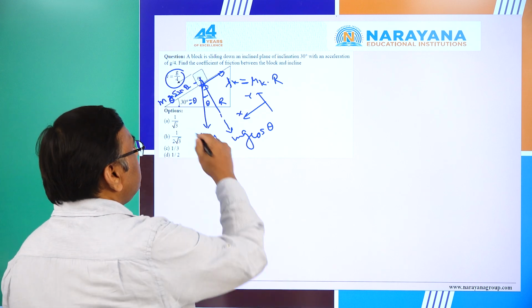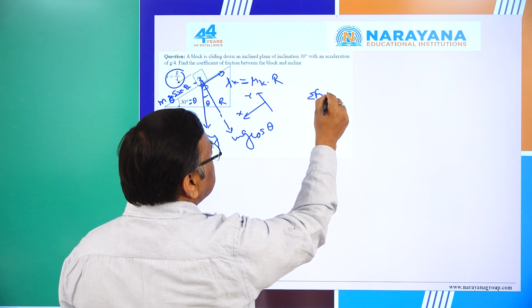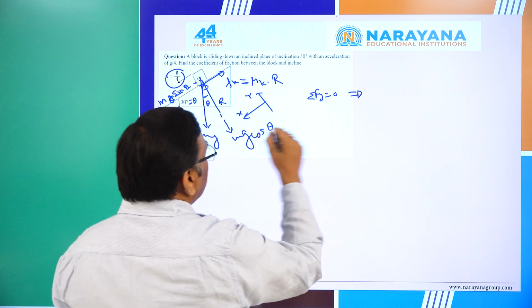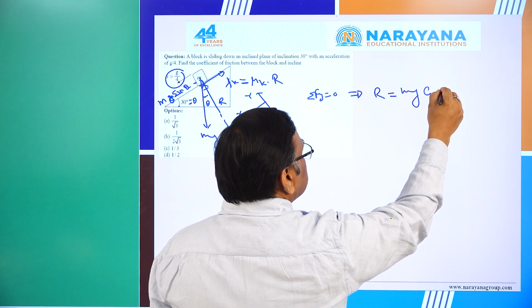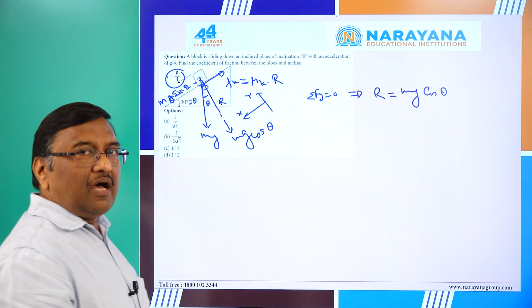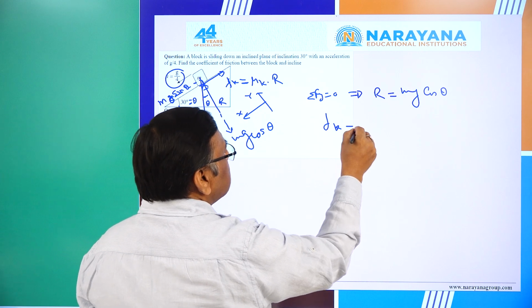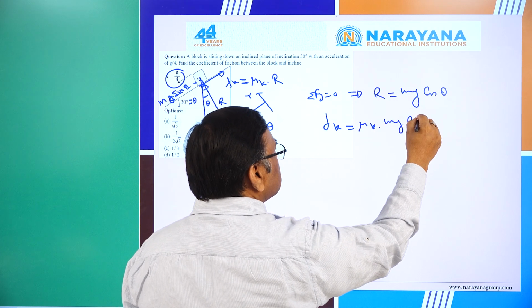Now, sigma Fy is going to be 0 because there is no motion in this direction, so this simply implies that R is going to be mg cos theta. Once we get R, we are done with fk. So we can write fk equal to mu k into mg cos theta.